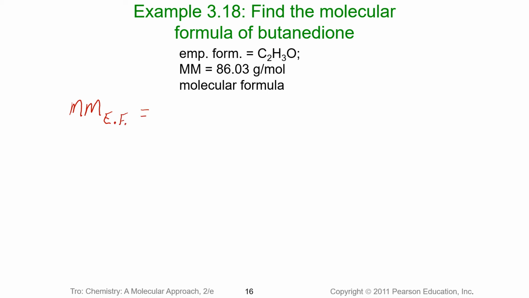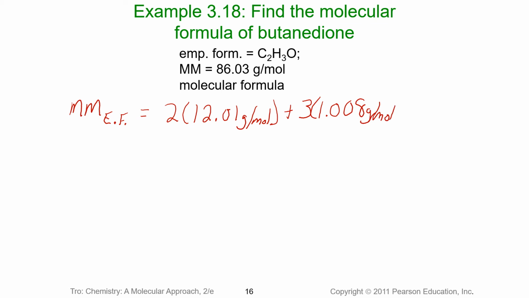So we're going to take 2 times the mass of carbon plus 3 times the mass of hydrogen plus 1 times the mass of oxygen. This will give us the empirical formula mass, in this case 43.04 grams per mole.